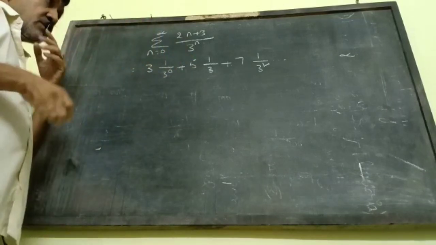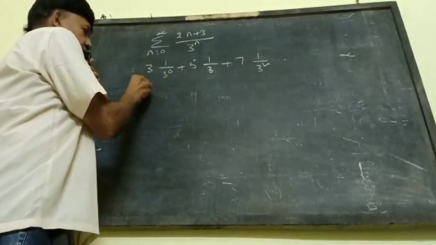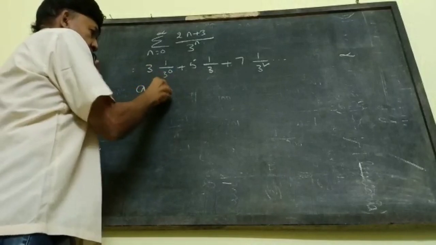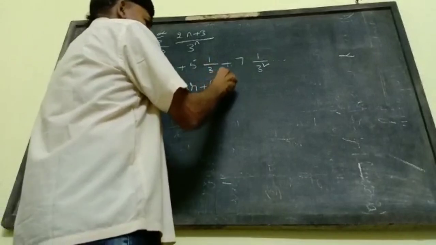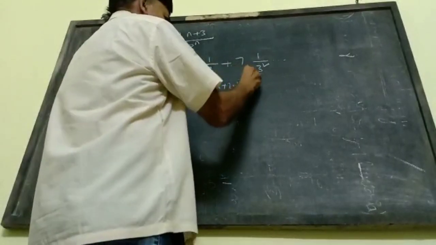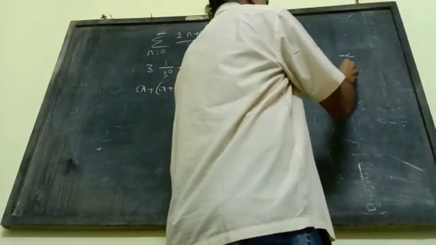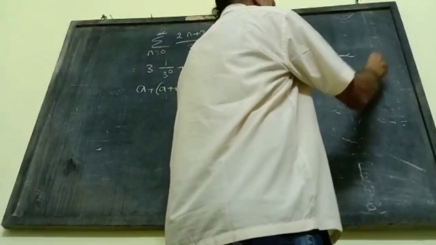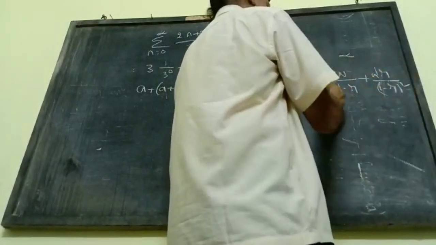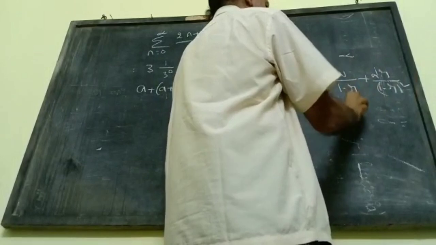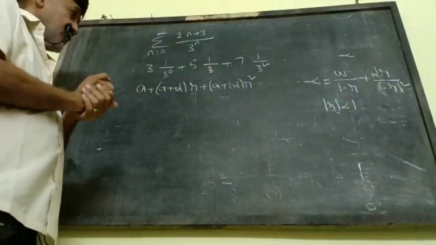See, in the arithmetico-geometric progression, the sum to infinity formula I told you to remember is: A plus (A plus D) into R, (A plus 2D) into R square, up to infinity, is equal to A by 1 minus R plus DR by 1 minus R whole square, provided mod R is less than 1.